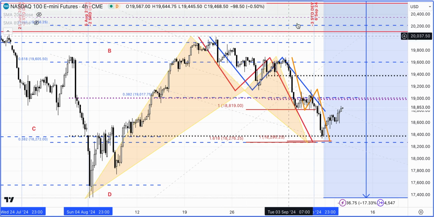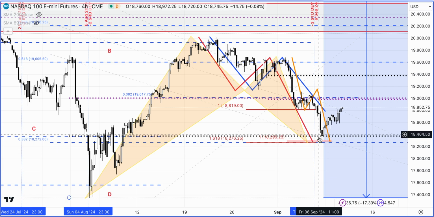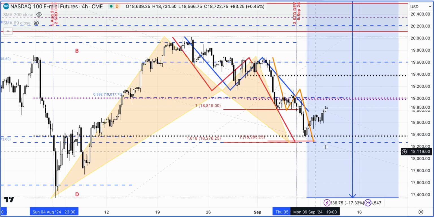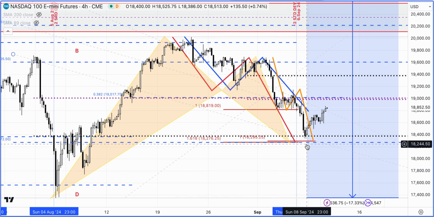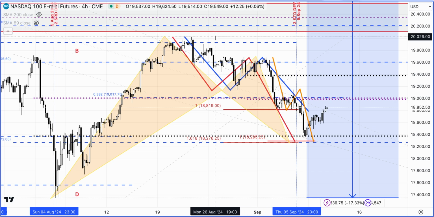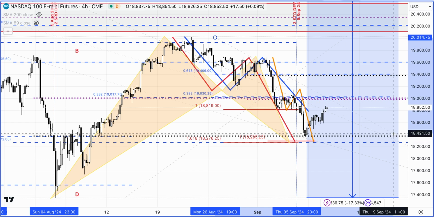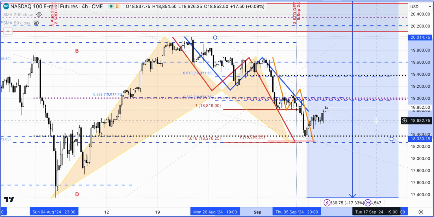So we had these several ABCDs completing right there, and we have seen the market actually notch up quite a bit, about 400 points. So it's formed pretty good support from here, but on the other hand, it has still not been able to recover to the 38.2% retracement, which comes around the 19,000 mark.